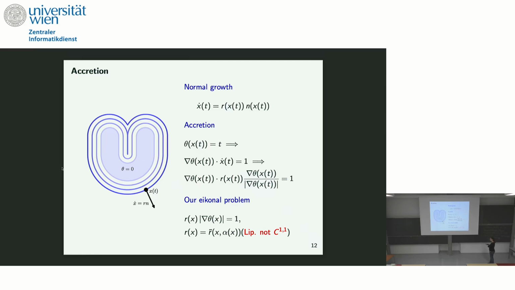What is an important point for us is that in practice, this R will depend on the backstrain. So it will have at most Lipschitz regularity. It will certainly not be C^{1,1}. And why is that important?